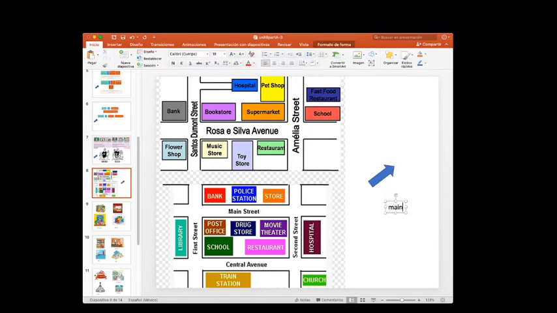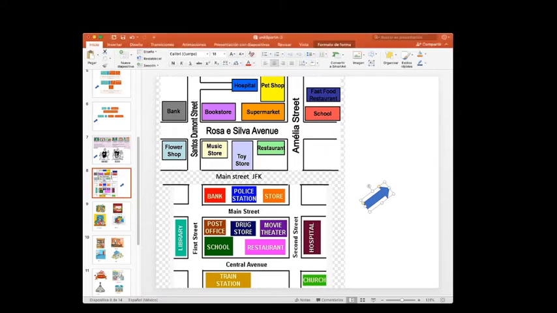So we are going to make a reference. Oh, sorry. In order to make some sentences, this is Main Street. Okay? So we are going to write using prepositions of place.